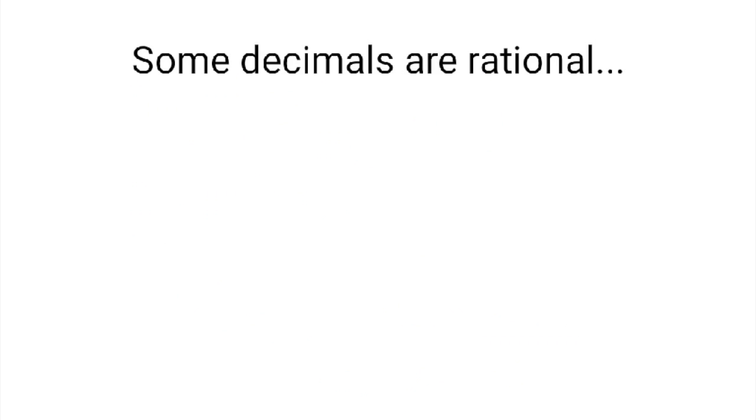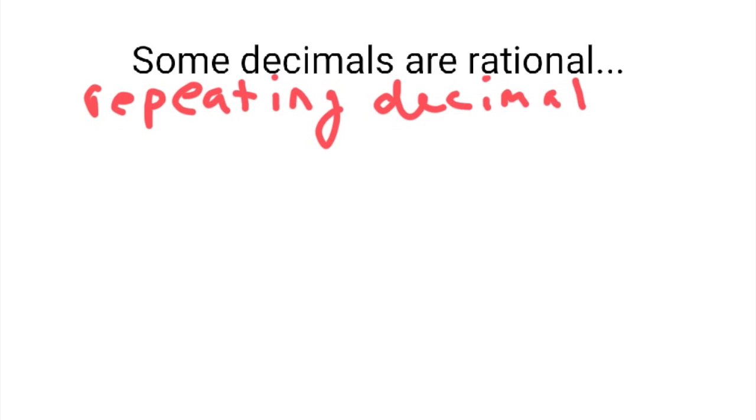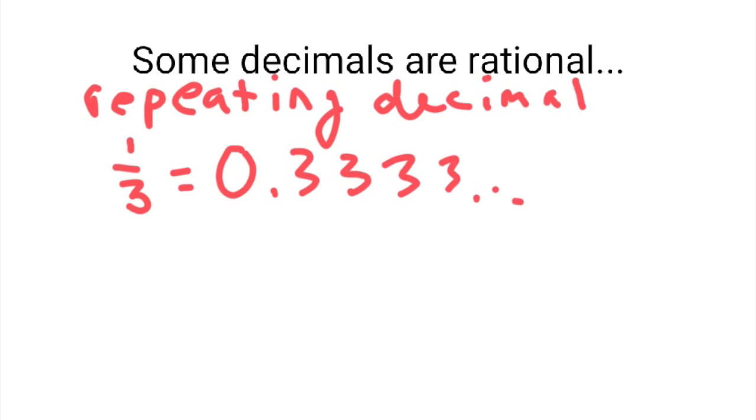There's another kind of decimal that is rational, and that is the repeating decimal. So a repeating decimal would be something like 1/3, which is the decimal 0.3333 forever. And a shortcut way of writing that is to put 0.3 and put a little repeating bar over the 3, and everyone understands that that means the 3 goes on forever.